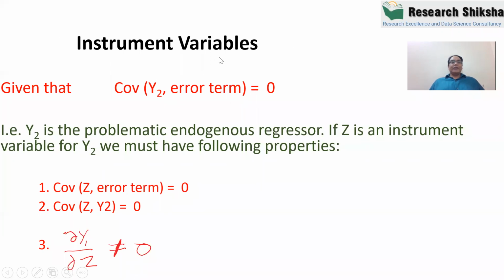Now, what are the instrument variables? We want that the covariance... Actually, in this slide, I should put this not equal to. It is given that y2, which is one of the independent variables, is correlated with the error term.